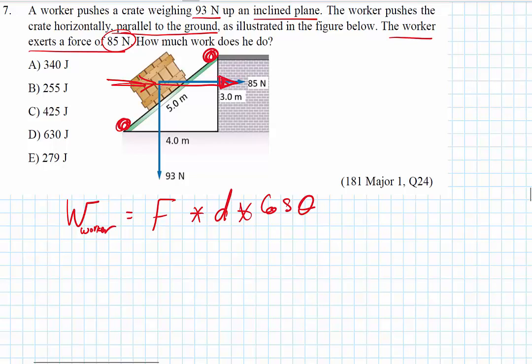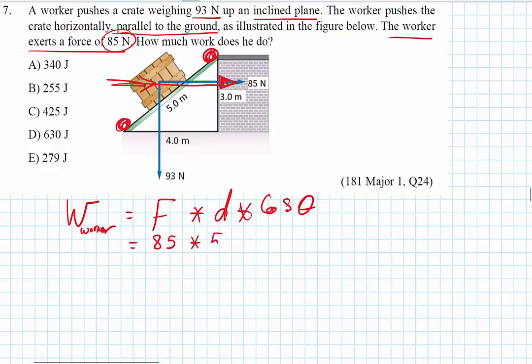So his force here is the 85 Newton. And the distance that the object covered is 5 meters, which is the length of the inclined plane. And cosine theta is the angle in between. So cosine theta here is adjacent over the hypotenuse, which is 4 over 5. Okay?